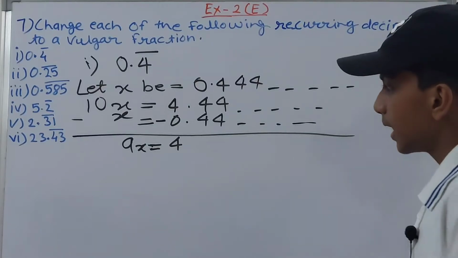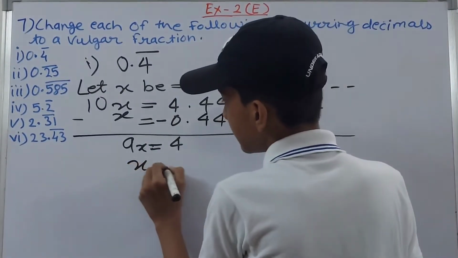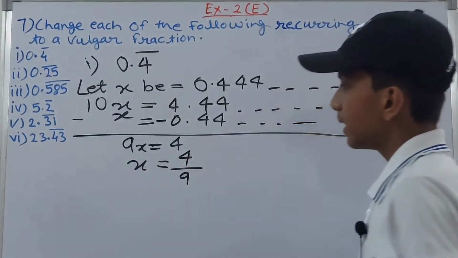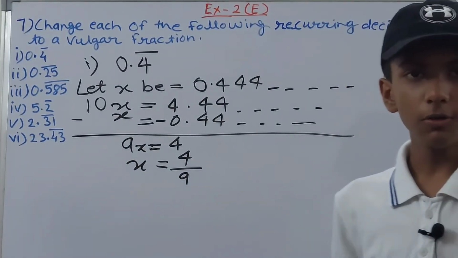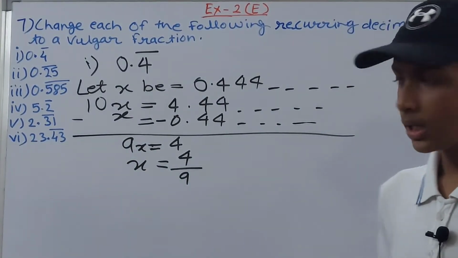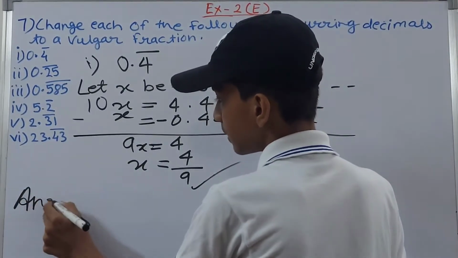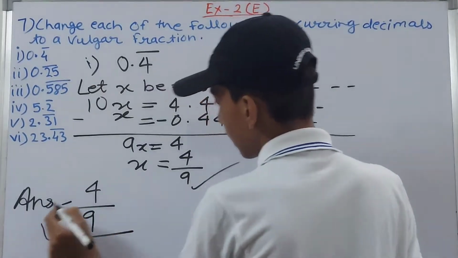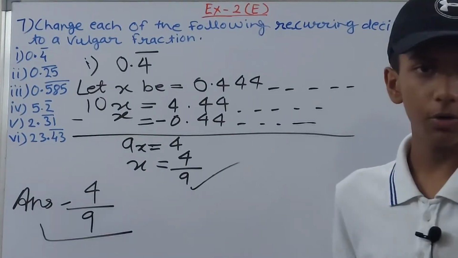Now we have an equation, so solving this we get x equal to 4 upon 9. We don't have to solve further, this is our vulgar fraction. So the answer is that the vulgar fraction of 0.4 recurring is 4 upon 9.